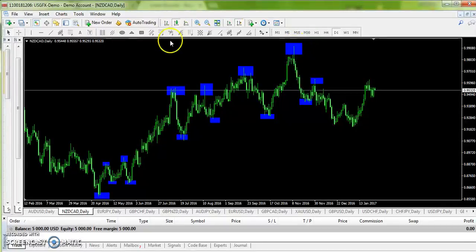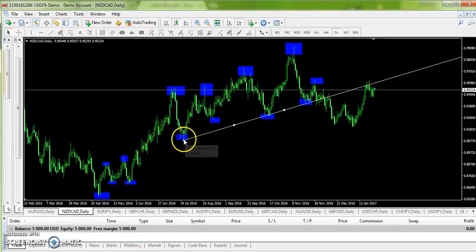Therefore, I need to draw my trend line tool, which connects at least three major swing lows, right? So I connect this major trend higher low, this higher low, and this higher low.